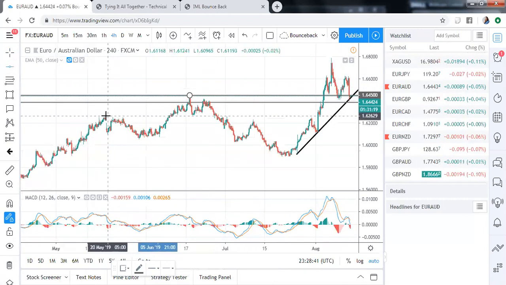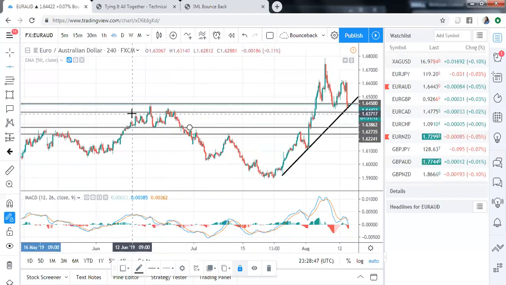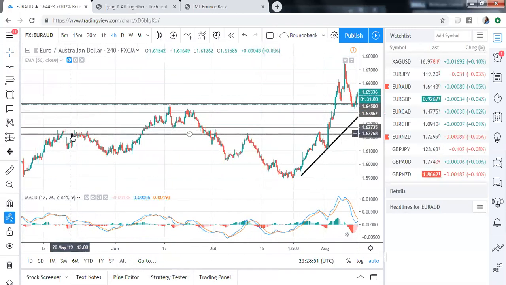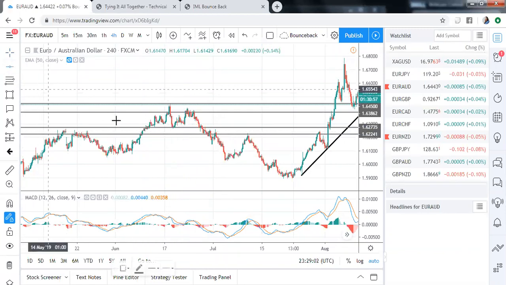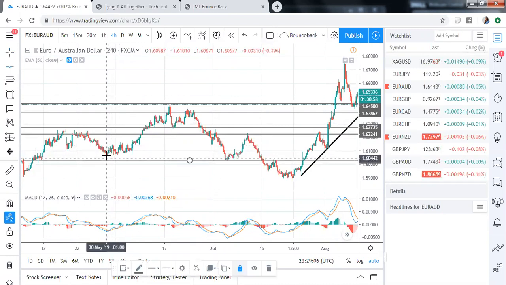Next one, you can see here. So I'm going to come here, I'm going to go there. Why am I going here? Because I would have taken this mountain top and this valley to create an area. And you're just looking for obvious points. That's all you need to do, is to look for obvious points.